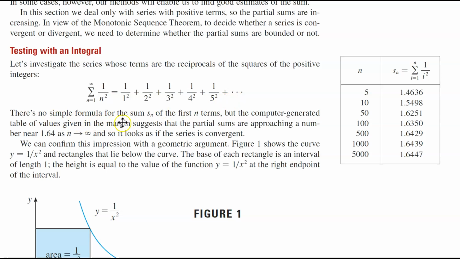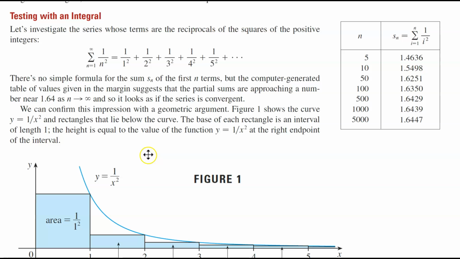There's no simple formula for the sum of the first n terms, but the computer-generated table of values to the right suggests that the partial sums are approaching a number near 1.64 as n approaches infinity, and so it looks as if the series is convergent. As n increases from 5 to 5,000, you can see it's approaching 1.64.